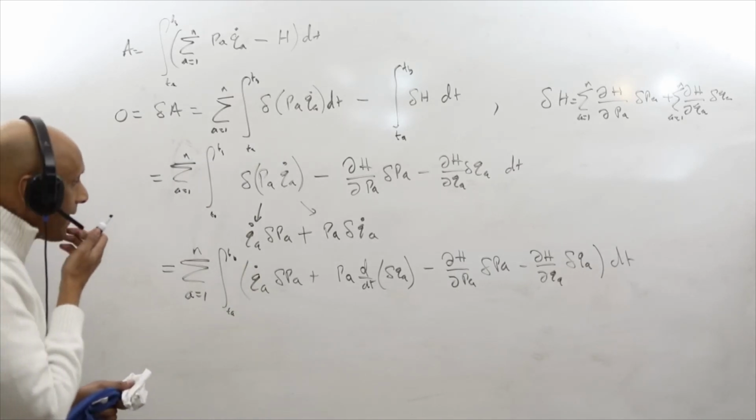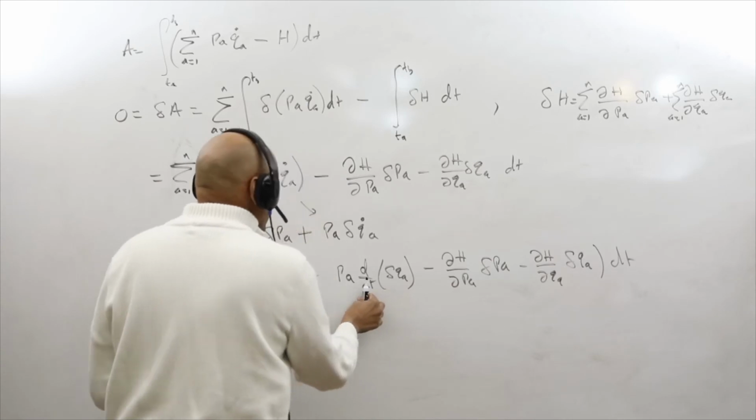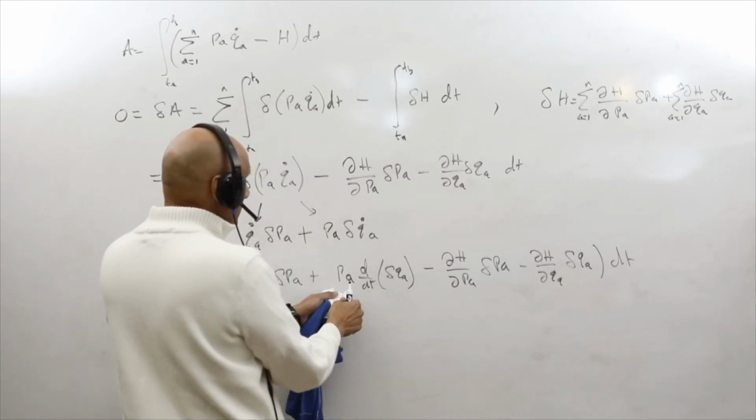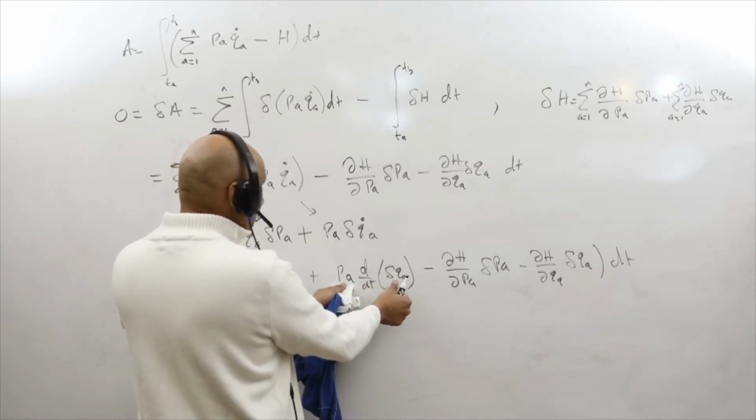Okay, now notice the dt, and then you're looking at basically an integration by parts, something dq, d variation of q.